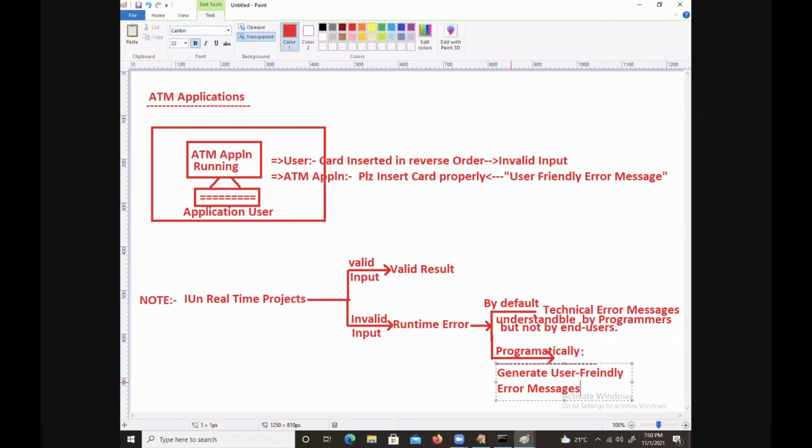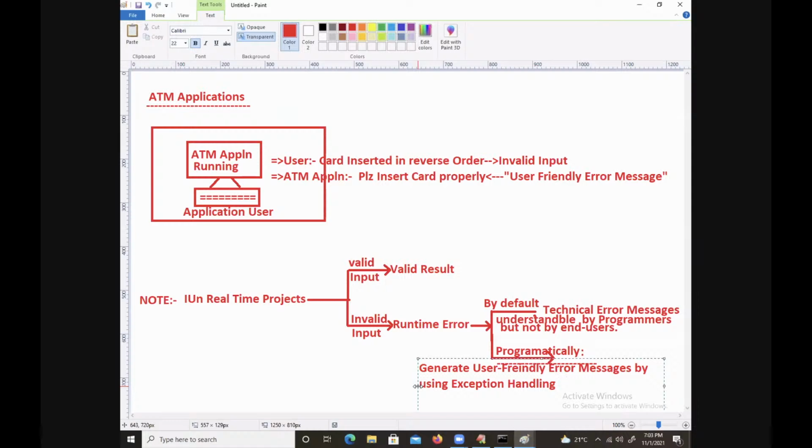How do we generate user-friendly error messages? By using a beautiful topic called exception handling. Exception handling is the topic name we are using. I hope you are understanding the meaning of exception handling here.